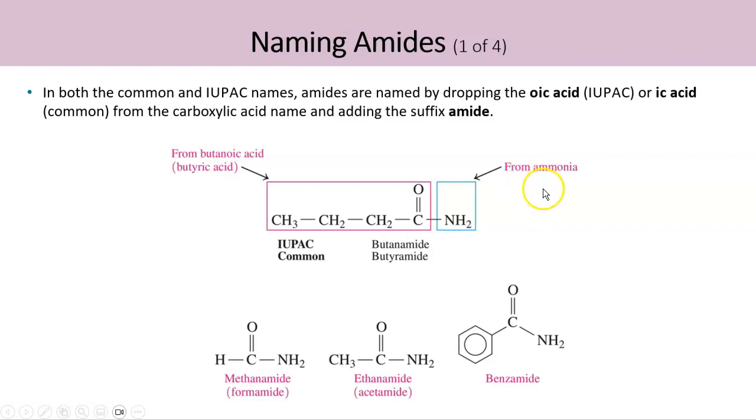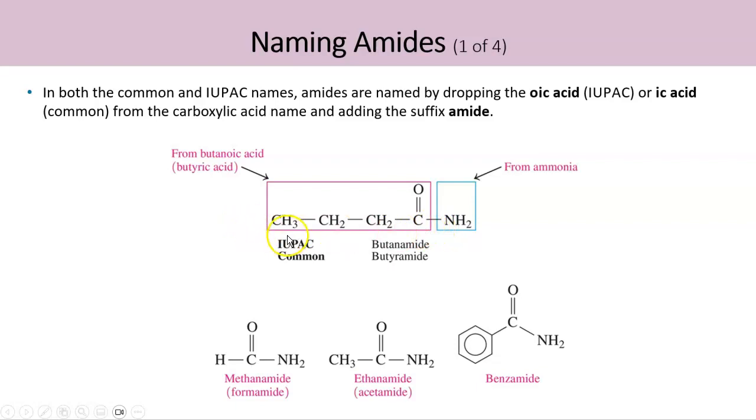Now we'll see how to name amides. As the first step of naming an amide, whether it's an IUPAC name or a common name, we need to identify the fragments that came from the carboxylic acid and from the amine groups.